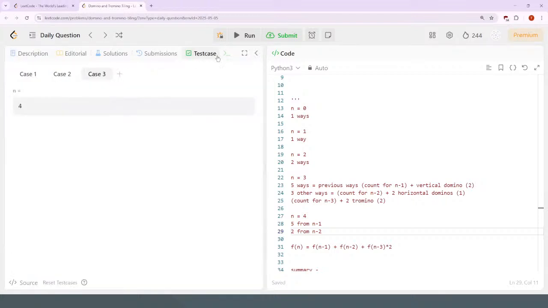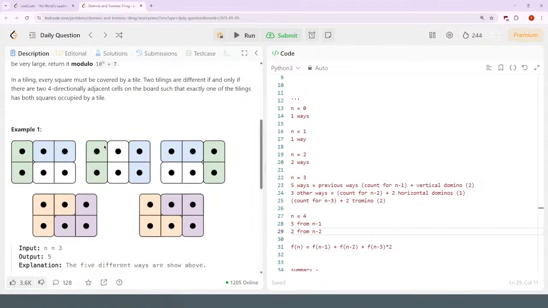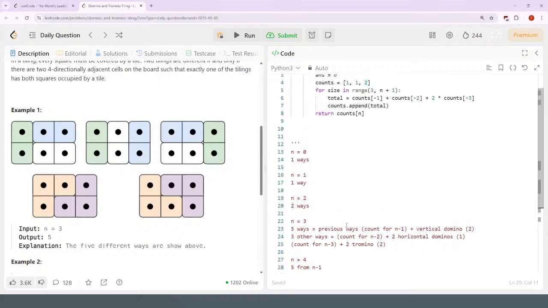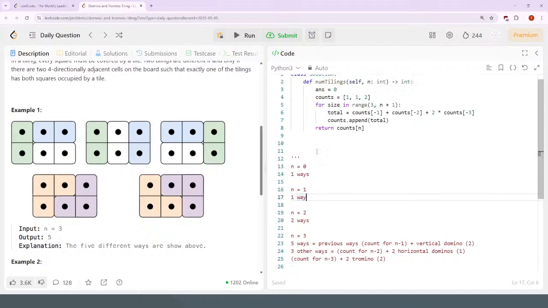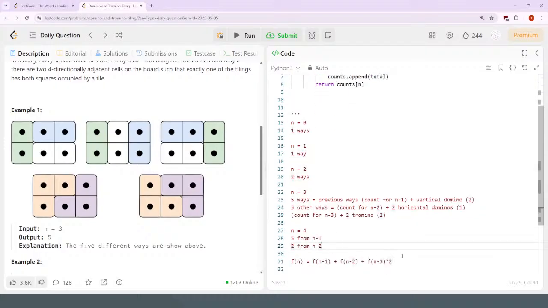So my tests, the answer should be just 9. So 5 plus 2 is 9. And then you do 2 times n minus 3. 2 times n minus 3 should be 2.